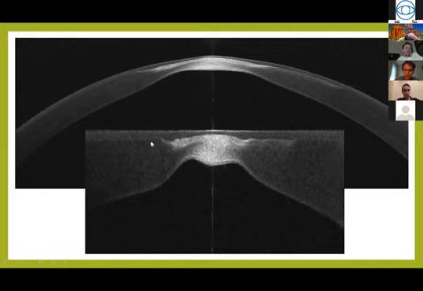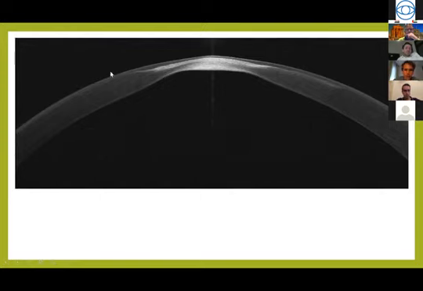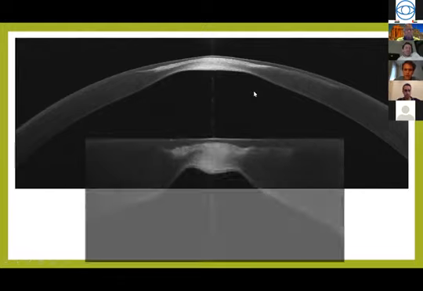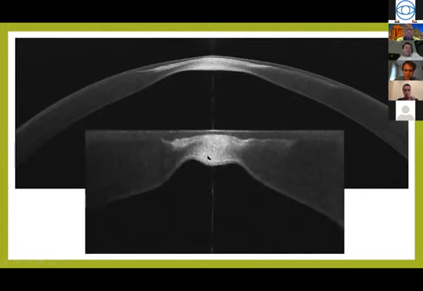And what was very helpful here with this anamorphic image is that when I only saw this, my question was, can I do a DALK on this patient, or do I have to do a penetrating keratoplasty? So basically, is Descemet's membrane involved in this scar or not? Actually, it is. With the anamorphic image, I can precisely see details down to a few microns, to 3 microns.